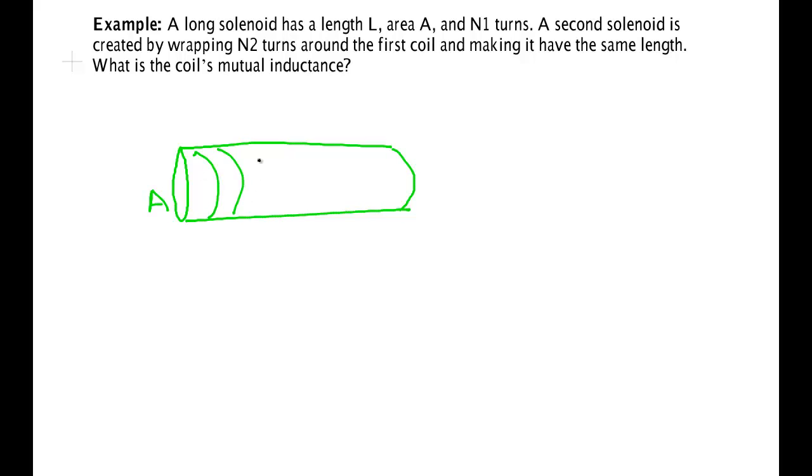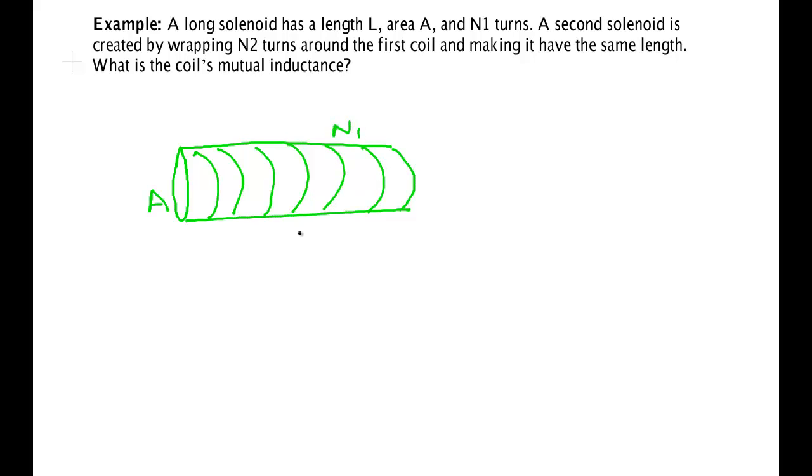We now solve a problem involving mutual inductance. Consider two coils. The first coil has a length L and an area A, and it has a set of turns, and the number of turns that it has is N1.